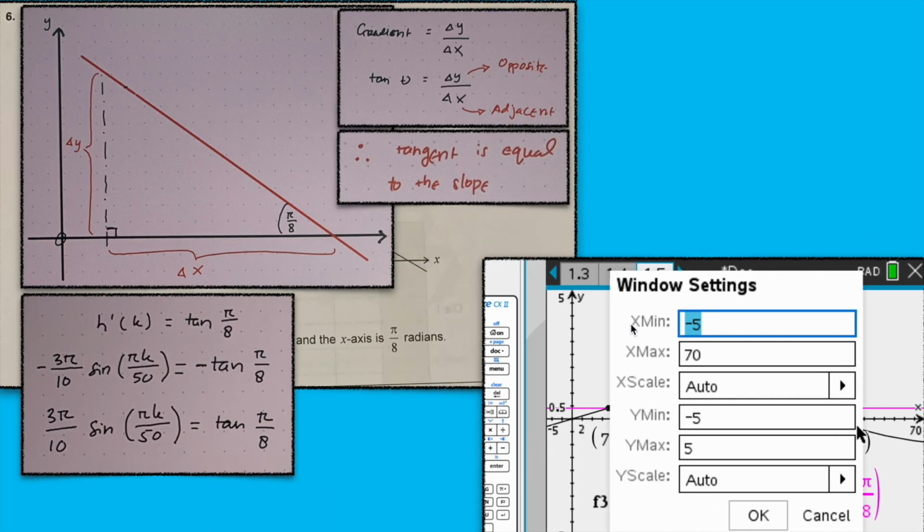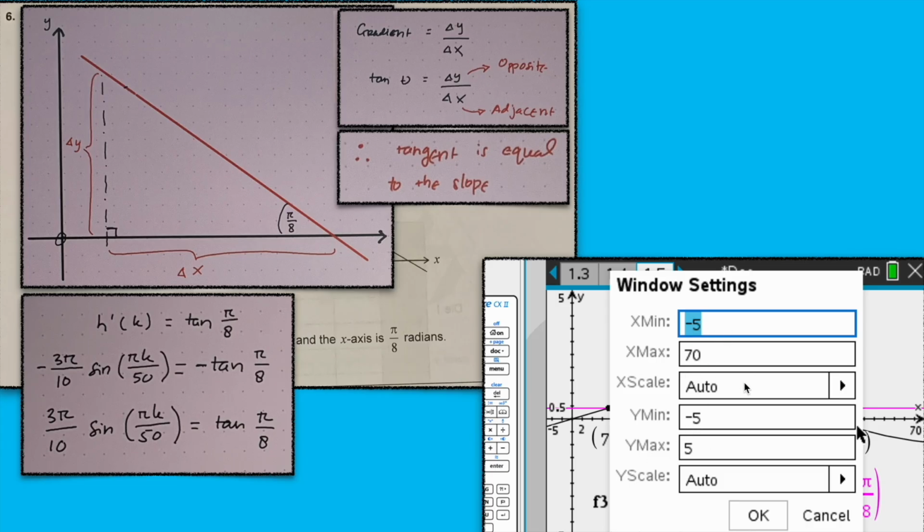So I input x minimum equal to -5, x maximum equal to 70. The scale is automatic. Y minimum is equal to -5, y maximum is 5.